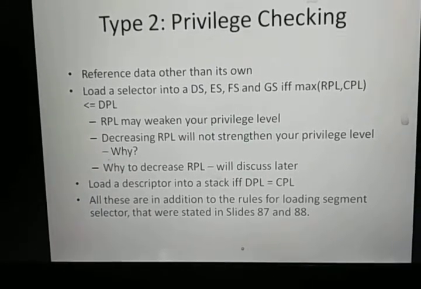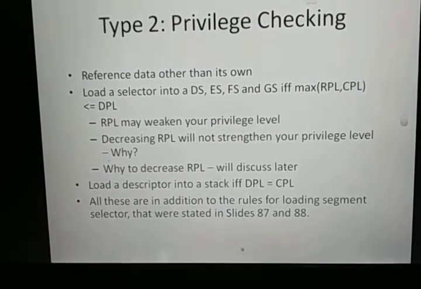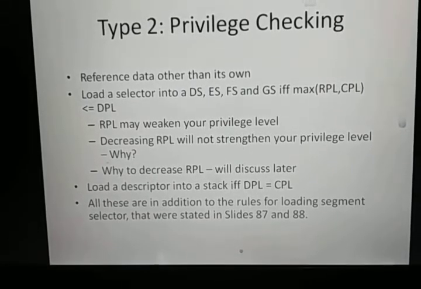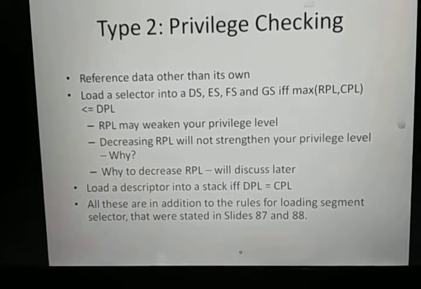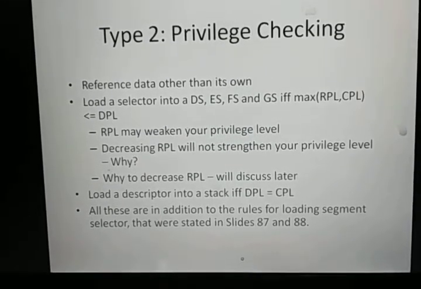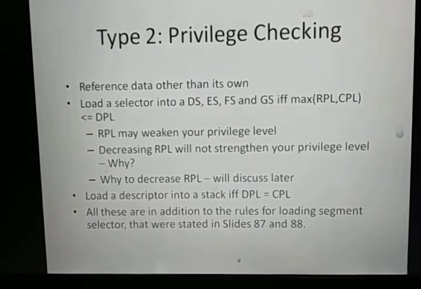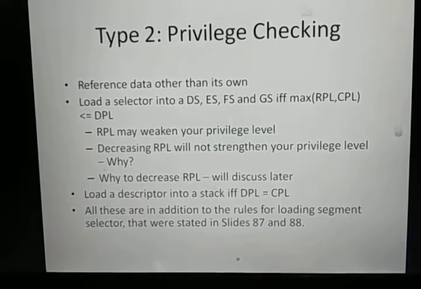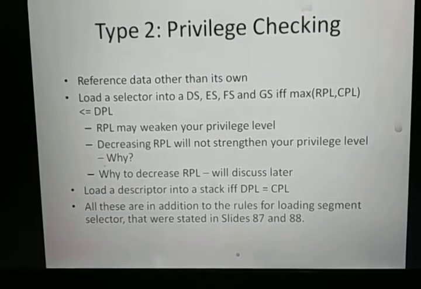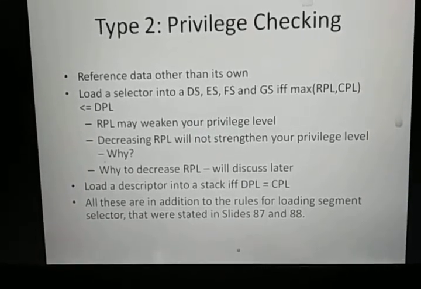But for that we have to change the privilege level, and for changing the privilege level we use two processes: the call gate process, or the conforming code segment. By using this we can access the data from the higher privilege level also. So that's why we are saying here CPL and RPL and DPL.